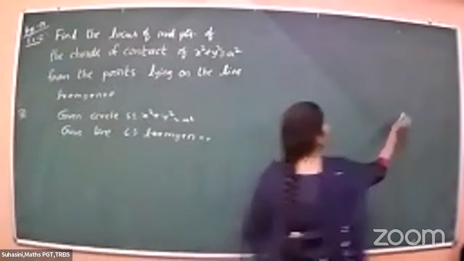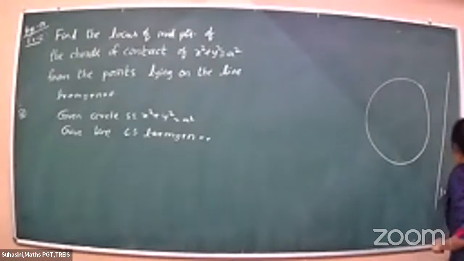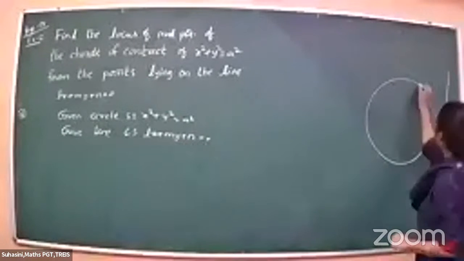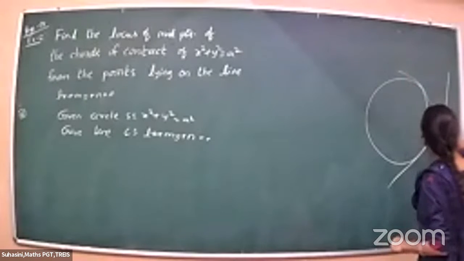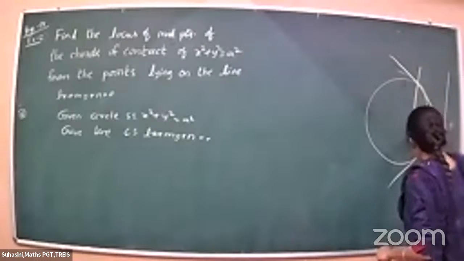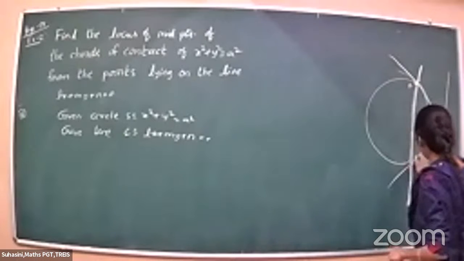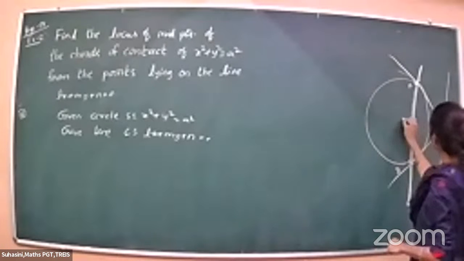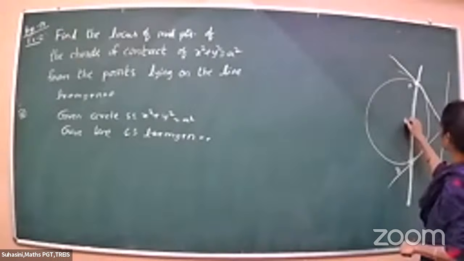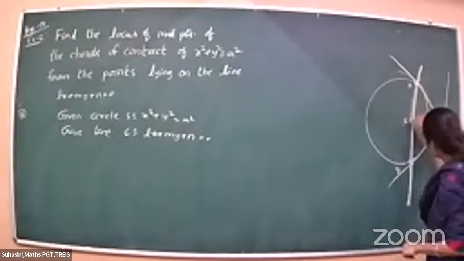So let us take a circle and let us take a line lx plus my plus n equal to 0. And let us take a point P, and find the curve of contact. If this is A and this is B, and the midpoint of this curve, suppose it is R. If the midpoint is x1 y1, can you find the equation of this line, children?